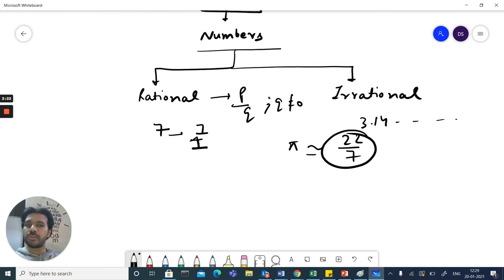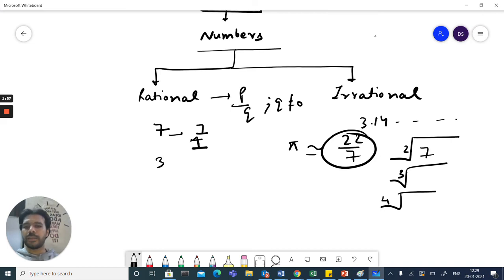What you can also do for finding out whether the number is irrational is to check whether any number has a surd over it. A surd is either a square root, a cube root, a fourth root and so on, and it's not a perfect square, obviously, in the case of a square root. So if I write root of 7, it becomes an irrational number for me.